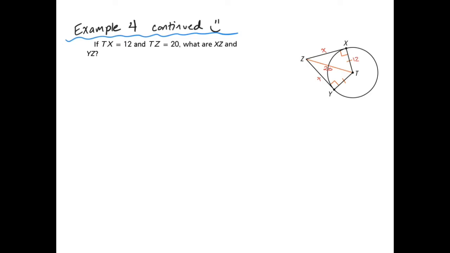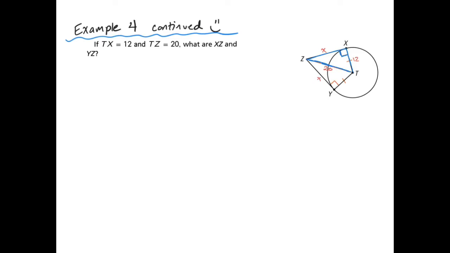According to the first theorem that we learned in our notes, the tangent line ZX and a radius like TX are going to form a 90-degree angle. So what we see is this right triangle right here.